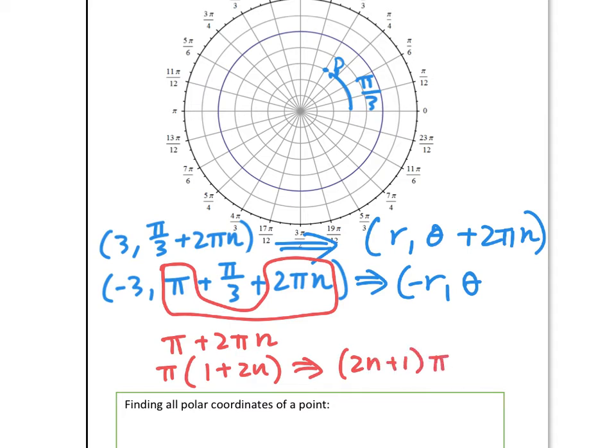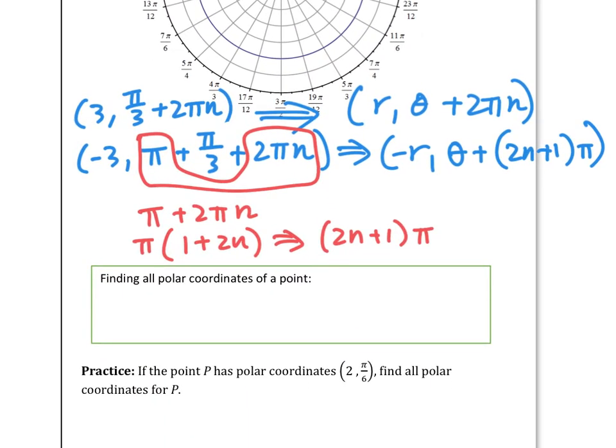So this is how we come up with the formula: theta, which is pi over 3 in this case, plus 2n plus 1 pi. And so this is the formula to find all polar coordinates of a point: r, theta plus 2 pi n, and negative r, theta plus 2n plus 1 pi.